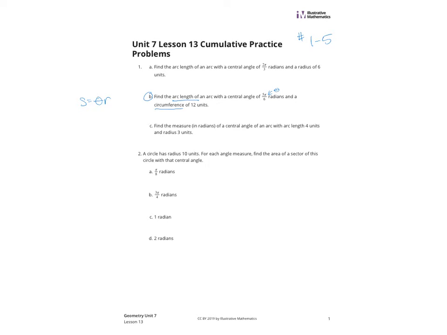So if I'm going to use that formula, I do need to figure out my radius. So if the circumference, which is 2 pi times the radius, is equal to 12, then I know that the radius, if I divide both sides by 2 pi, I know the radius, and 12 and 2 simplify by a factor of 2. I know the radius I could say is 6 over pi.